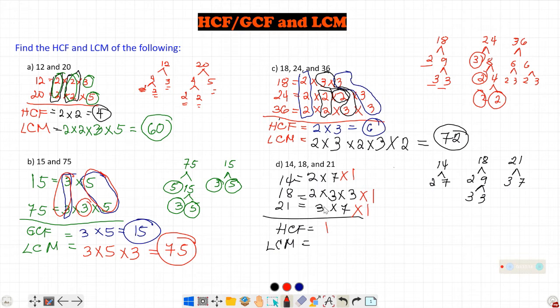If you cannot find any number common to all of them, if there are 3 numbers and only 2 of them are common, then the answer will always be 1, because 1 is always a common factor of any number. Okay, now we're ready to get the LCM. So for LCM, just like what I said a while ago, if there are 3 numbers and we don't have any number common to all 3, we can get at least 2 numbers. If those 2 numbers have a common factor, then that's taken as 1.